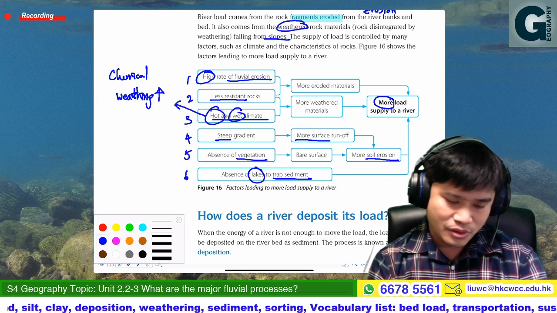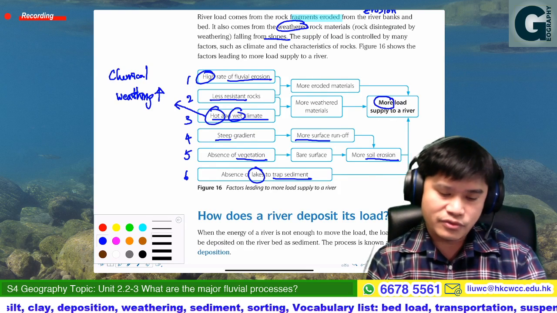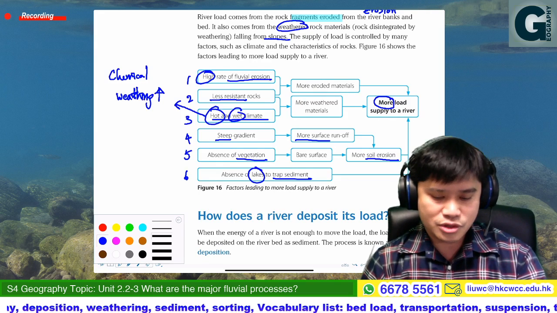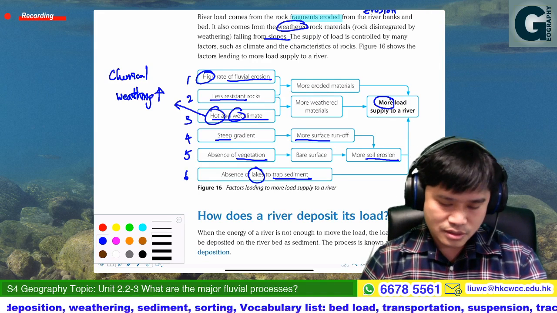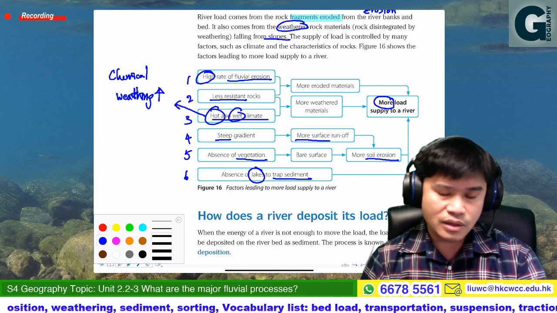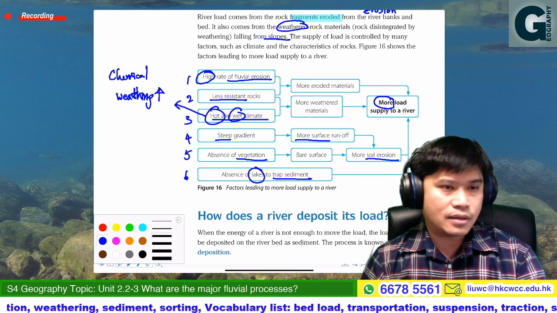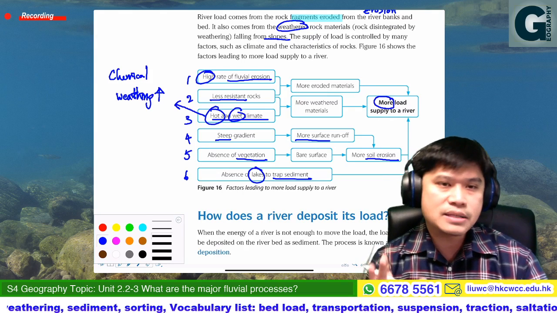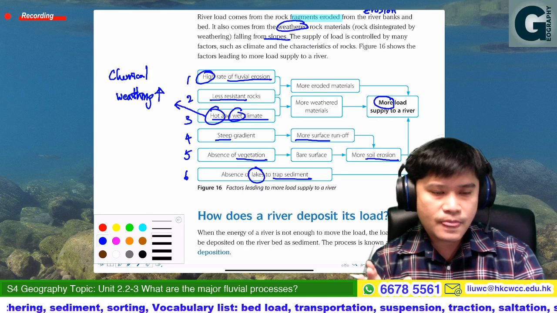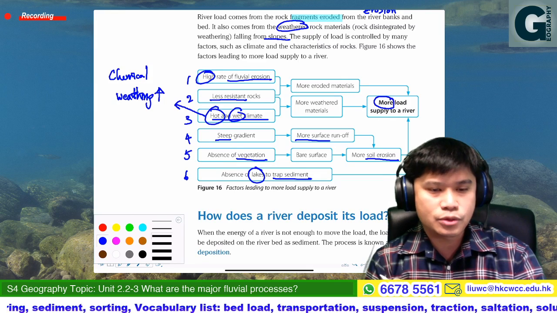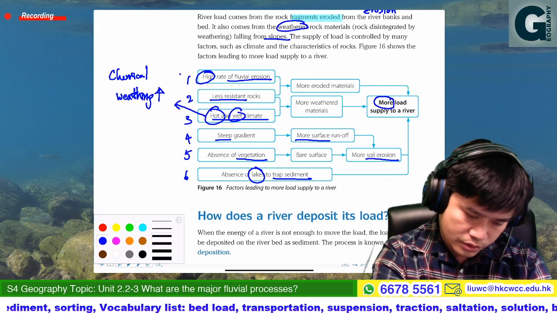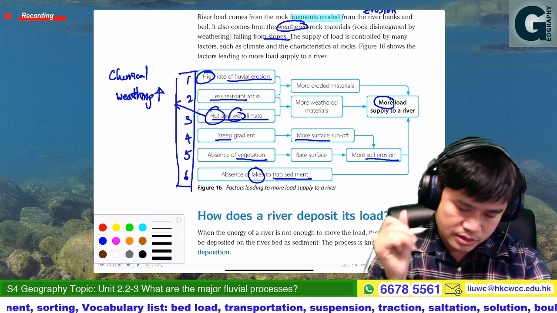For the climate, for the processes in the river like erosion, for weathering, for vegetation, or even whether there is a lake, that is our basic concept, our basic thinking mind when we study geography. So just have a look at this. Remember, 6 factors.